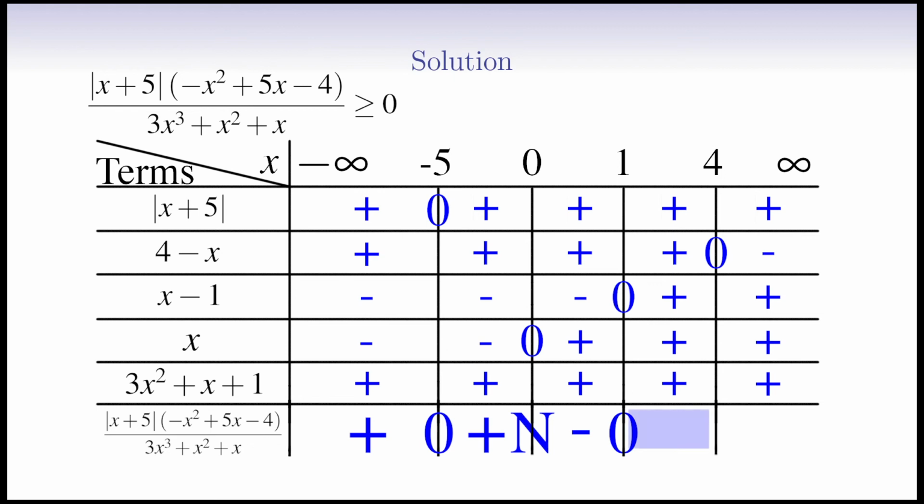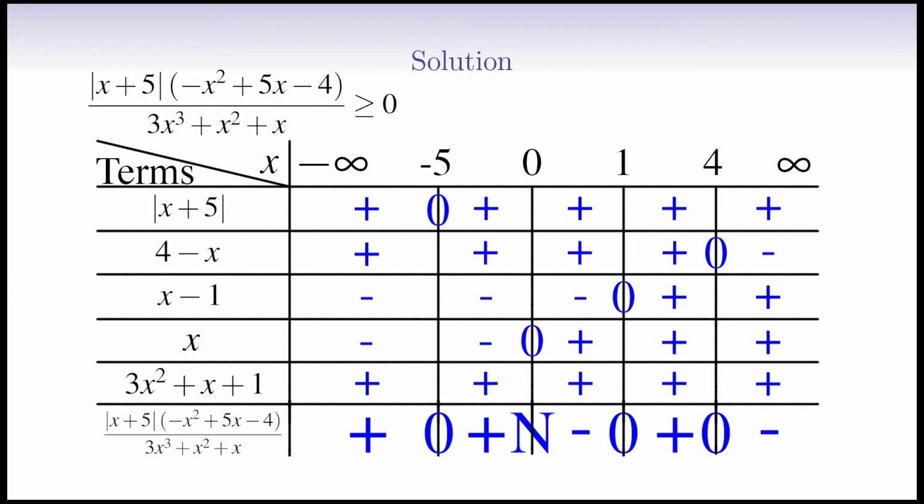From 1 to 4, we see that all terms are positive in the corresponding column, so the result is positive. At x equal to 4, again a term in the numerator of the fraction is 0, thus the whole fraction becomes 0. So, we put a 0 at x equal to 4, for the whole fraction here. And, finally, from 4 to infinity, we see only one minus sign in the corresponding column, so the result is negative.